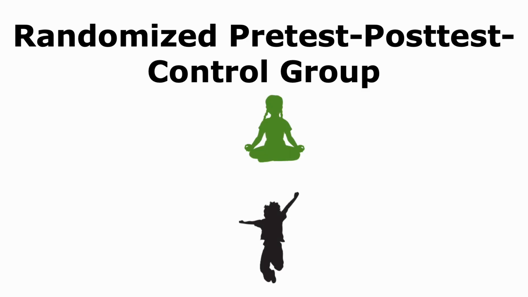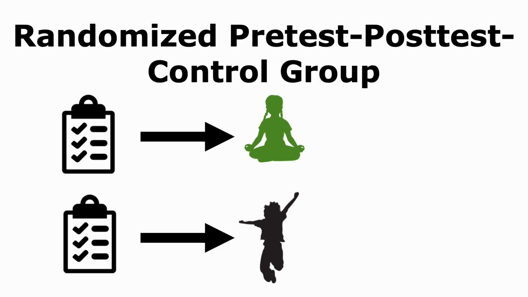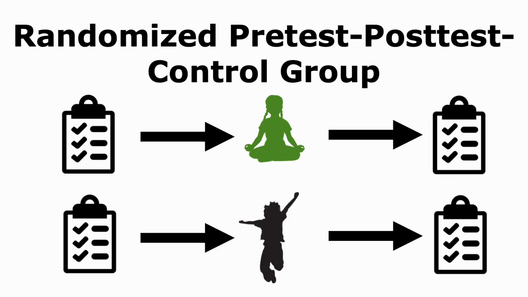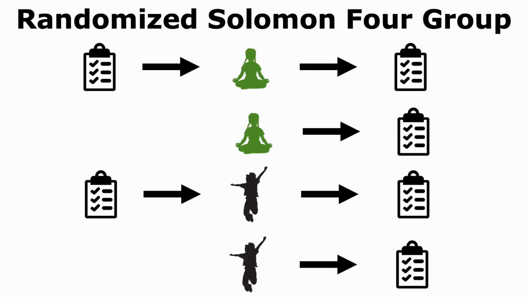So the randomized pretest-posttest control group design is an experimental design that involves at least two groups randomly selected from a population sample, and then both groups are pre-tested. One group gets the treatment, and then both groups are post-tested. Now, the randomized Solomon four-group design is an experimental design that involves random assignment of subjects to each of four groups. Two groups are pre-tested, two are not.